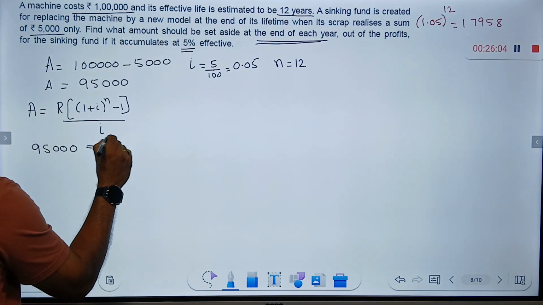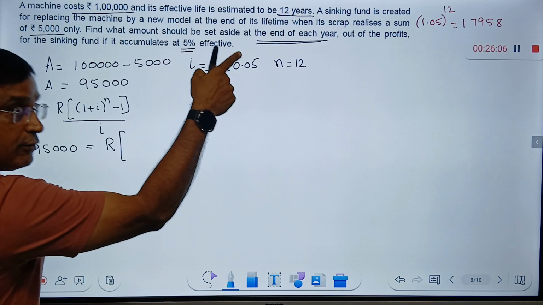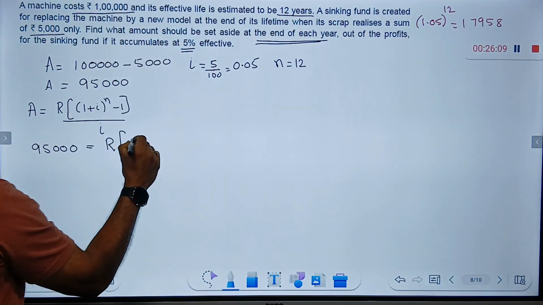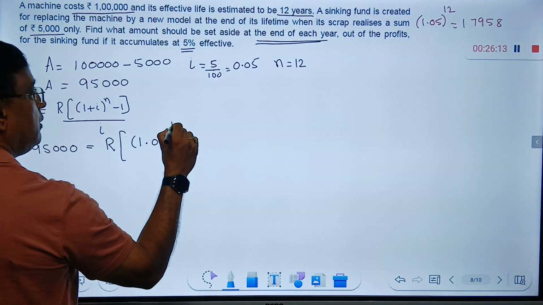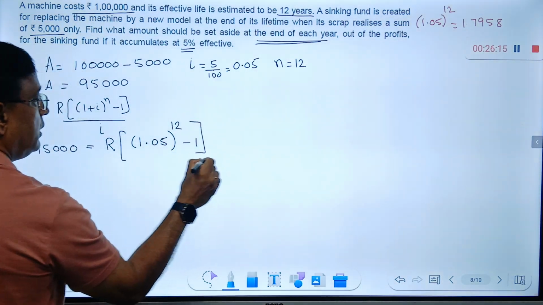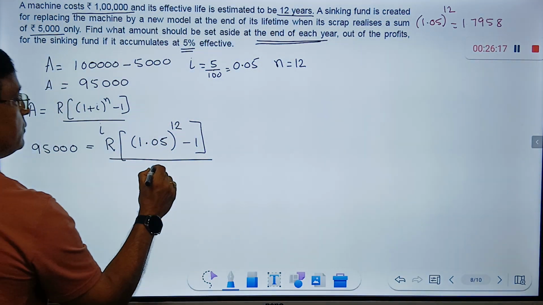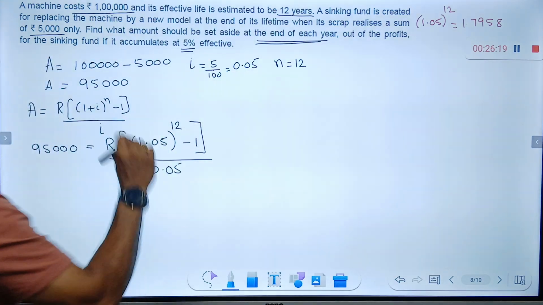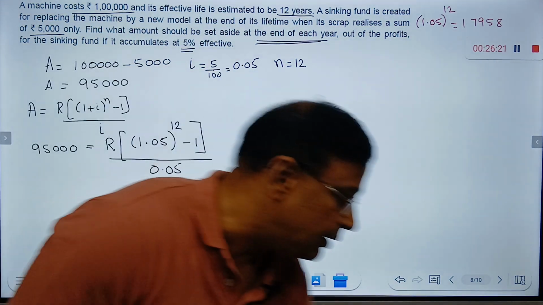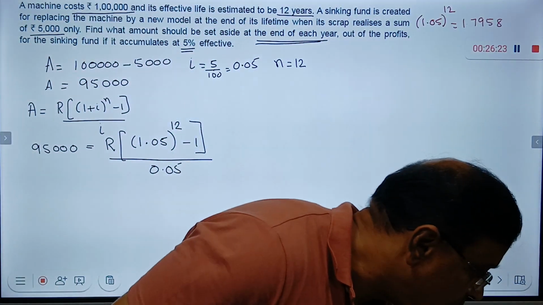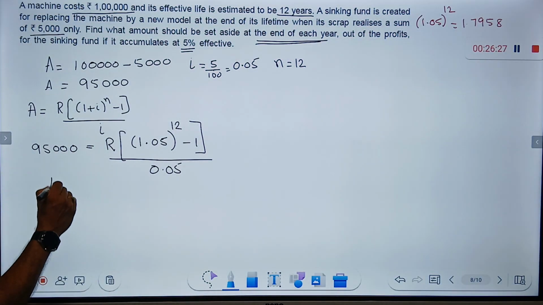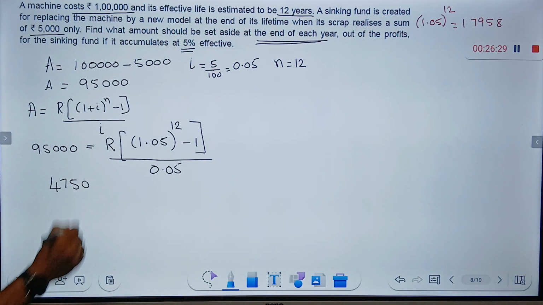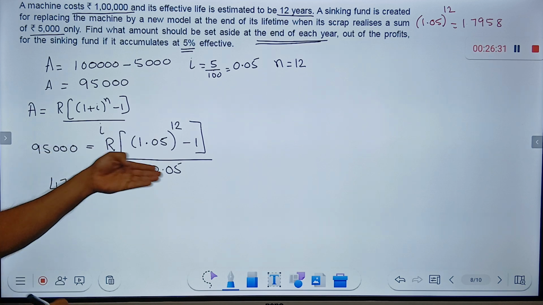So this is R into, always read the question carefully. That is also very, very important. It is (1.05 to the power 12 minus 1) divided by 0.05. Now you cross multiply. So when you cross multiply, what will I get? I will get 4,750. I have done the calculation, so I think if I sit and multiply it will take time.